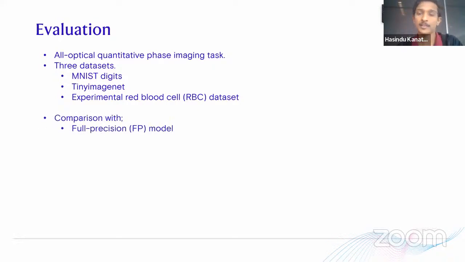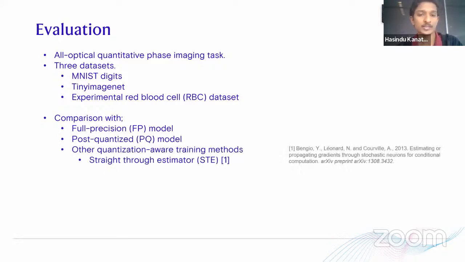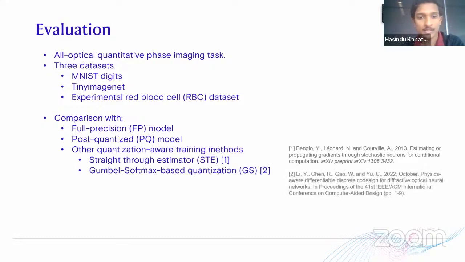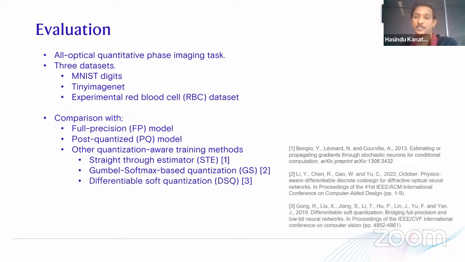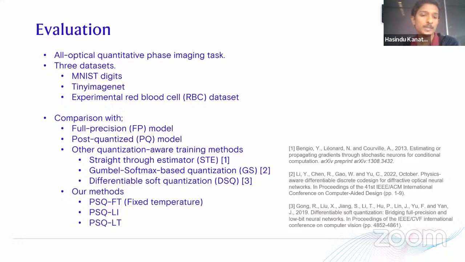And we compare the results of the full precision model, the post quantization model, and 3 other quantization aware training methods called the straight through estimator, Gumbel softmax based quantization, and differentiable soft quantization. We also compare the results of 3 of our methods.